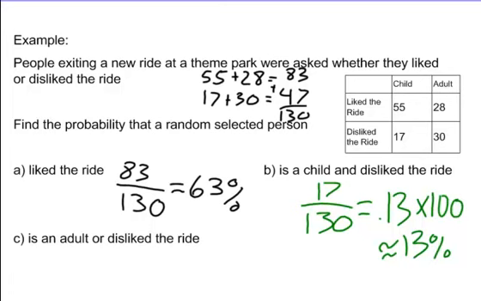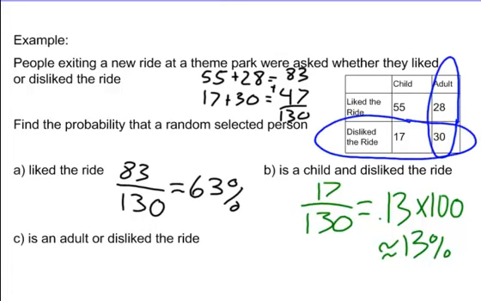Now, we want to know the probability that when a random person is selected, he or she is an adult, so we're looking at adults, or the person dislikes the ride. So we want both categories. We want to have adults and everyone that dislikes the ride.